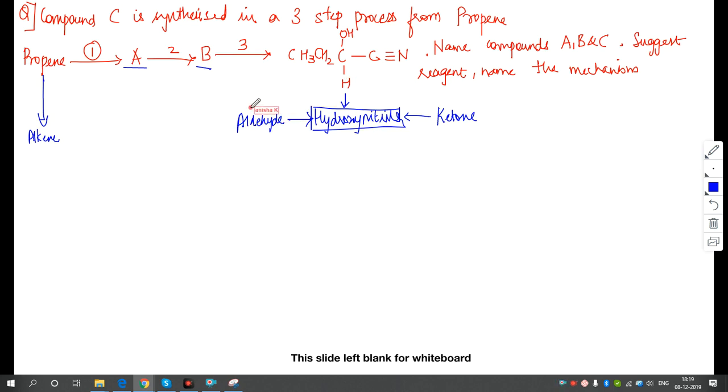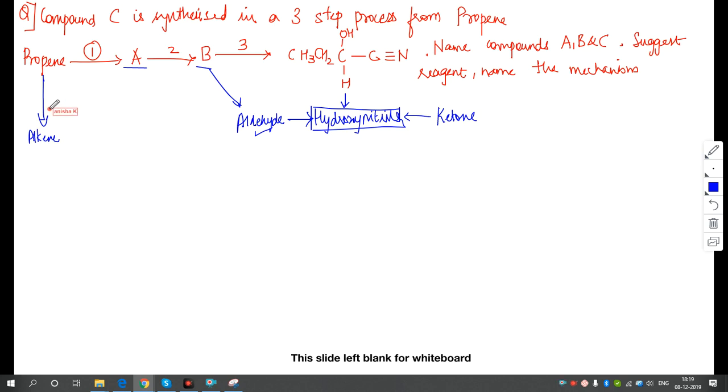Because when I'm looking at the diagram, ketone is not getting reduced to an alkene group from alcohol and all. So I'll stick with aldehyde, okay? For time being, let's consider my B is an aldehyde, because I have two options.